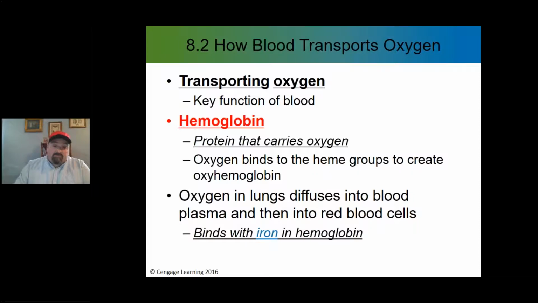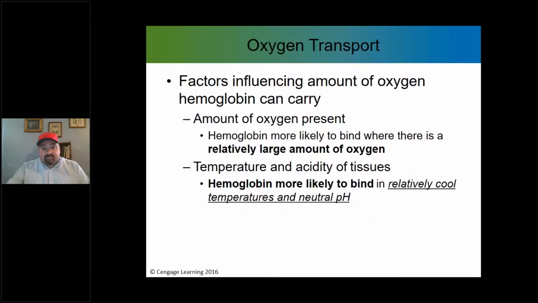So hemoglobin, this is a protein, and its function is carrying oxygen. Oxygen, you'll see here at the bottom, binds with iron in the hemoglobin. So iron is very important. We can have deficiencies in iron that can affect how oxygen is transported to the tissues, and that's a problem. You'll see here the factors influencing the amount of oxygen hemoglobin can carry, right?